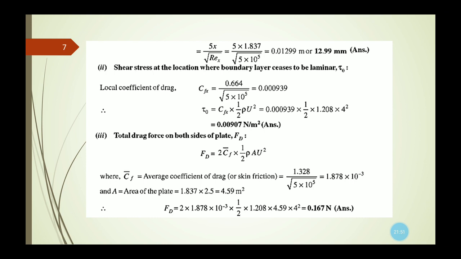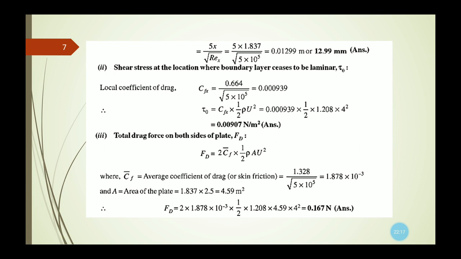Now for the third part of this numerical, we need to calculate the total drag force on both sides of the plate. To do that, we multiply the formula of the drag force by 2. So Ft, the total drag force, equals 2 Cf multiplied by half rho A u square.